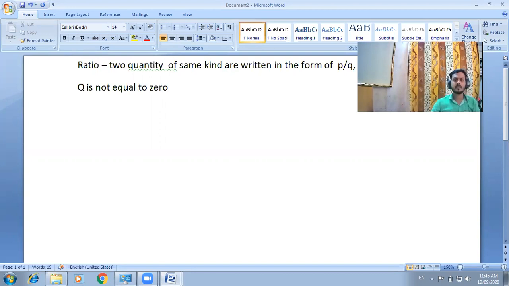Means the two quantities of the same kind are written in the form of P by Q, means in the form of our division method. And what is the meaning of division method?